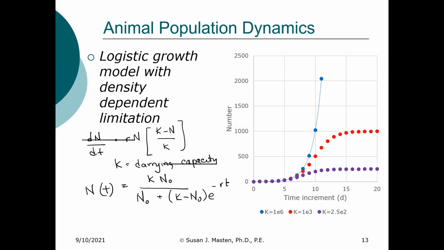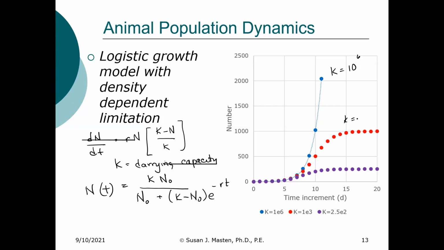So what I've plotted here is K equal to 10 to the 6, so 1,000,000. Basically, from the perspective we have here, there's unlimited growth, unlimited food, unlimited space. There's no limitations to growth, at least from the perspective we have here.